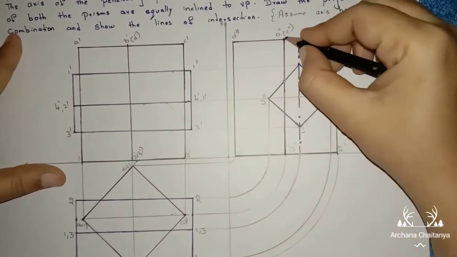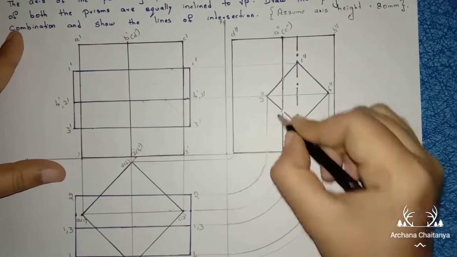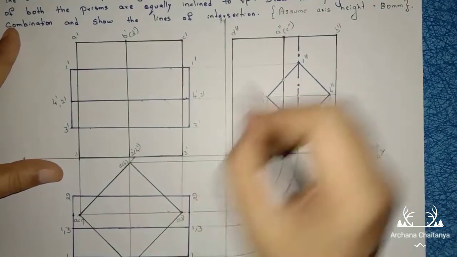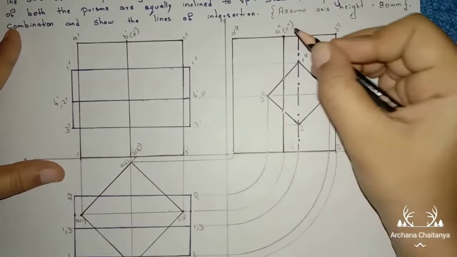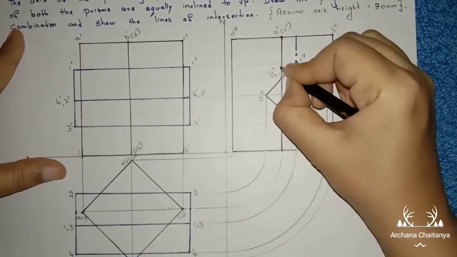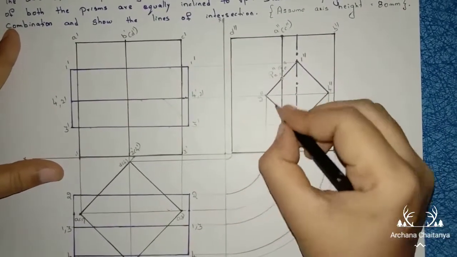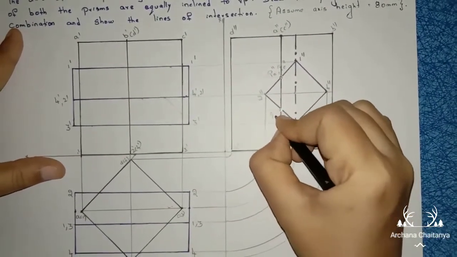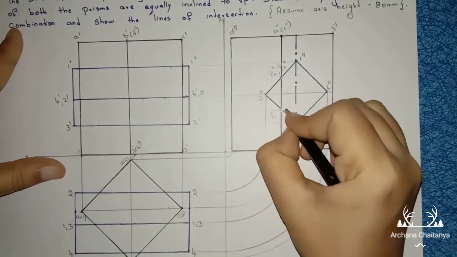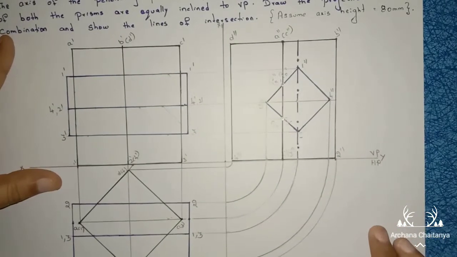Same here: this is your axis line, this is the square prism, and this is the coincidence point. So A and C, know what I am doing? PA double dash, PC double dash I am taking here. This point I am taking as QA double dash, QC double dash here.